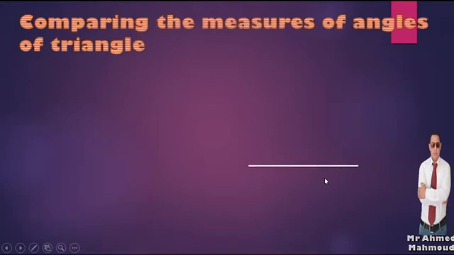For example, if we have a triangle like this, and a side whose measure equals 10 centimeters and another side whose measure equals 4 centimeters, it's clear that 10 is greater than 4. Then AC is bigger than BC.